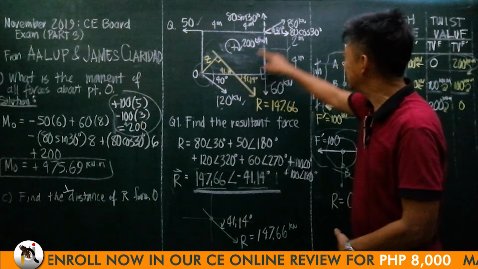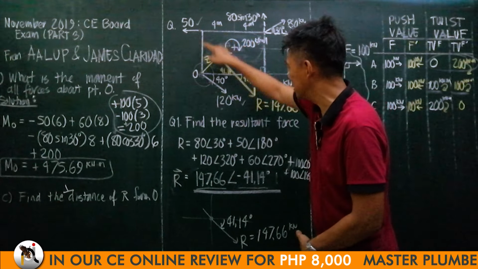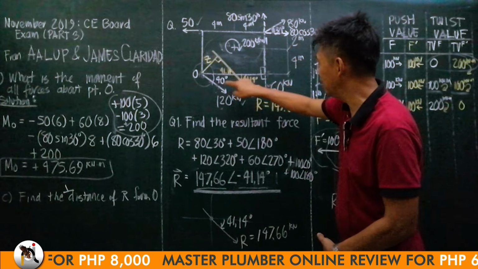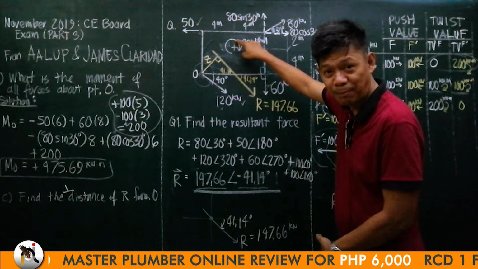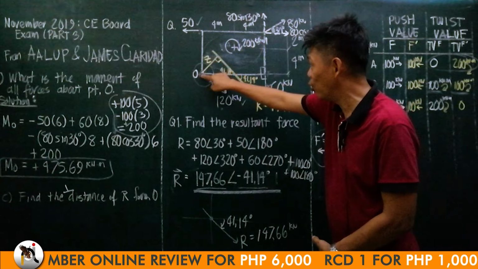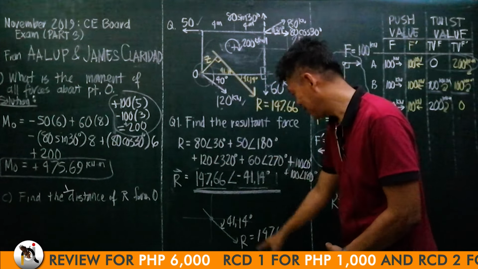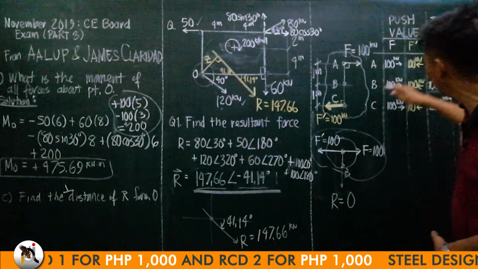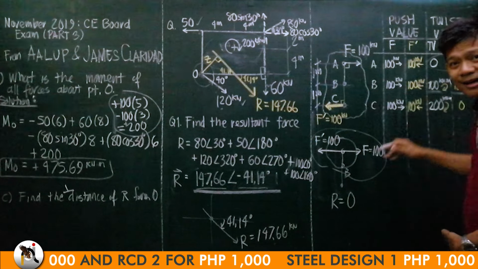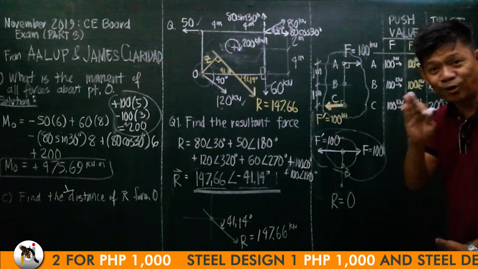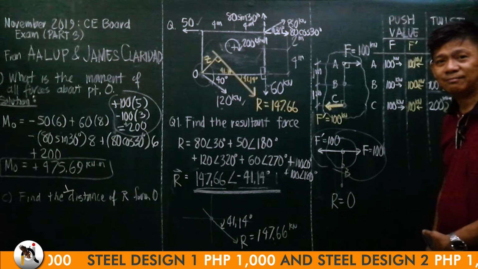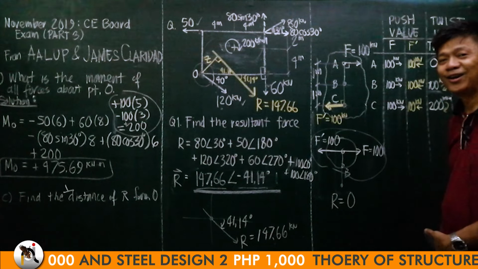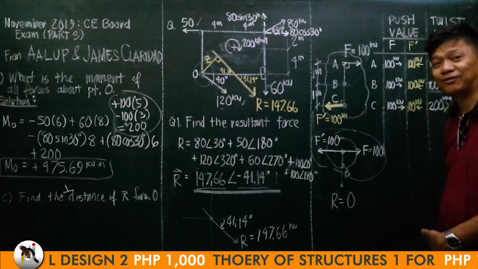So, the push value of this, about O, is this one, 147.66. The push value of a force is regardless of the location of the point. But the twist value depends on its location, right?